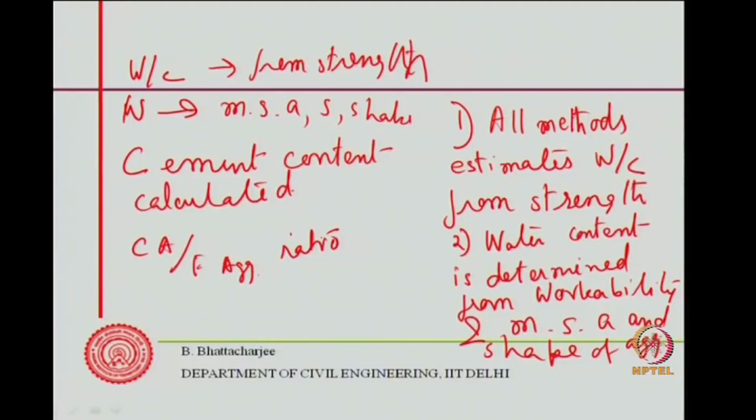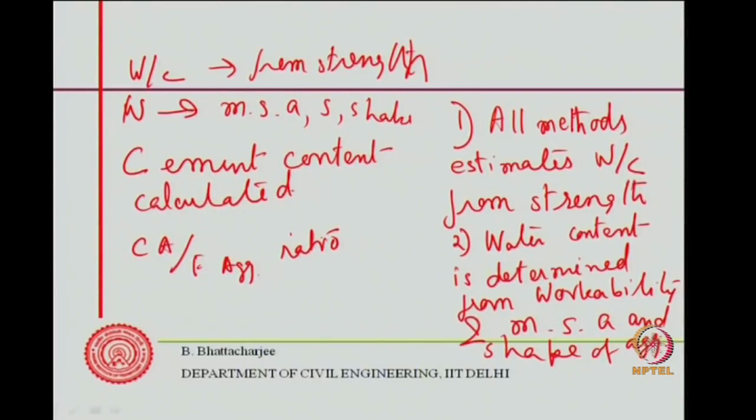So, it will depend upon the maximum size of aggregate, shape of the aggregate, and water content therefore is determined based on the slump, nominal maximum size of aggregate, and shape of the aggregate, etc. So, once these two are known, cement content is calculated, and up to this all the three methods we discussed are by and large the same in some form or other. Now, once you know the water content and water cement ratio, you can calculate out cement content.